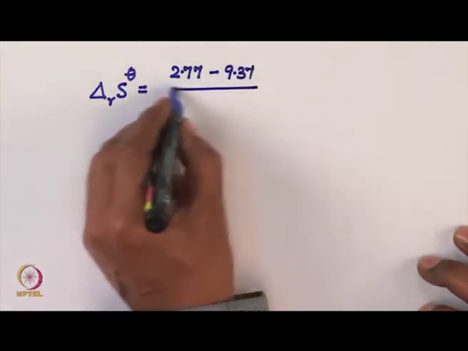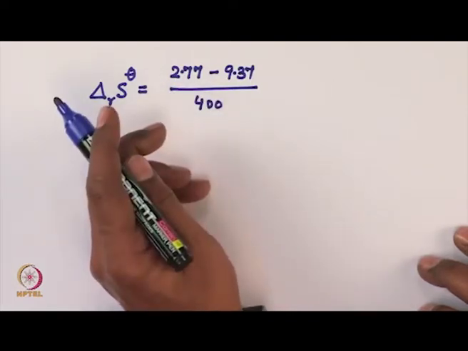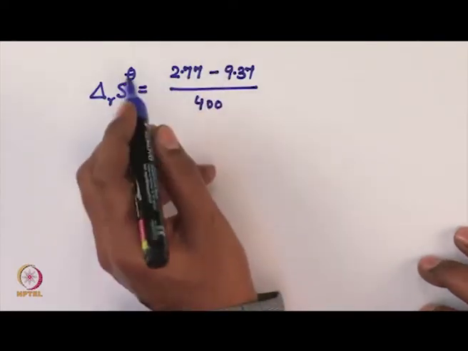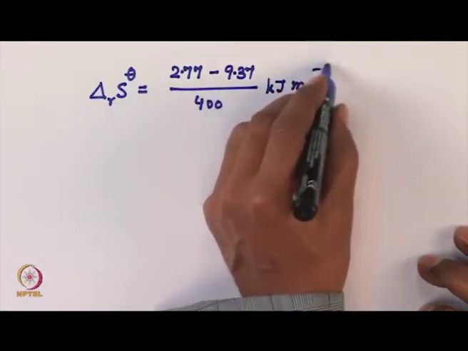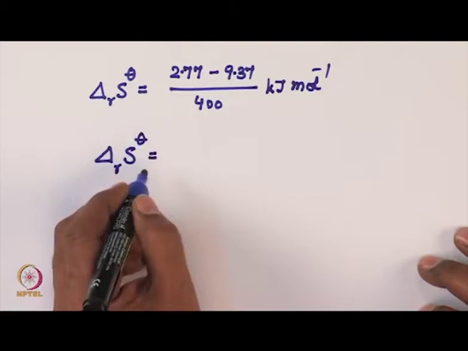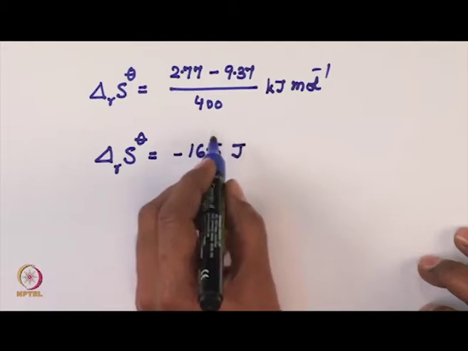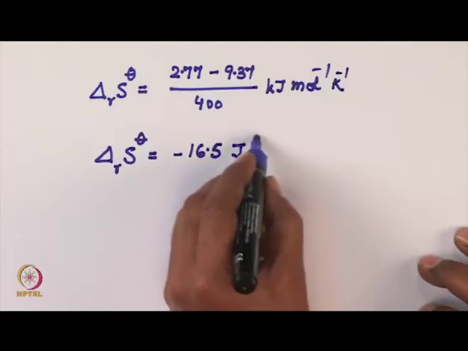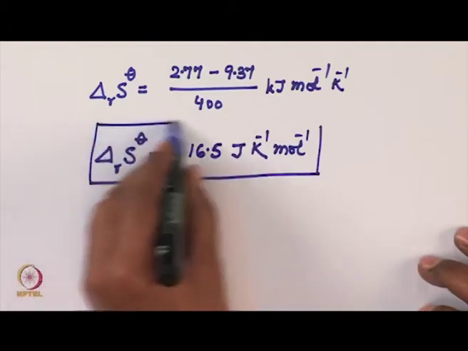These are all in kilojoules per mole divided by 400, and this is in kilojoules per mole. Once you solve this, this number will come out to be minus 16.5, and convert into joules. Of course, there will be per Kelvin per mole. We get the reaction entropy also.